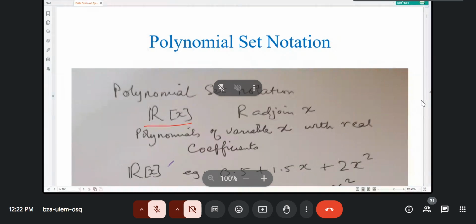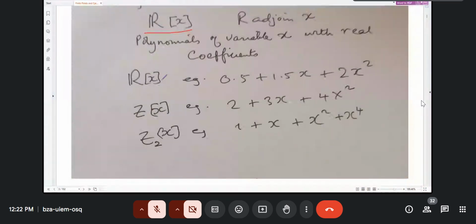So you're working with integers. We are going to see the different integers we can work with, but we will be more interested in the Galois field, where the integers you are dealing with are 0 and 1. So R adjoint x will be an example of that. It means the coefficients are real numbers.